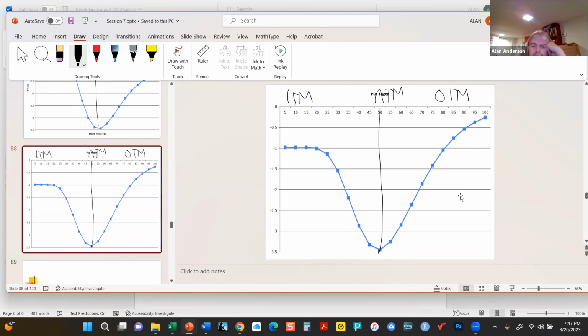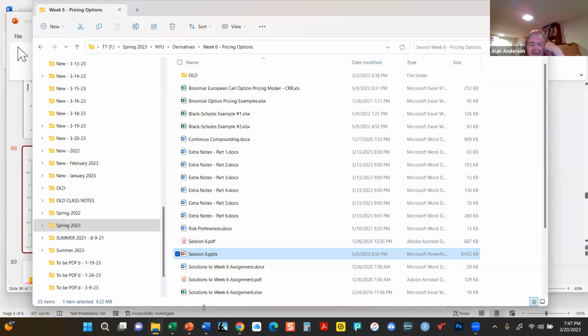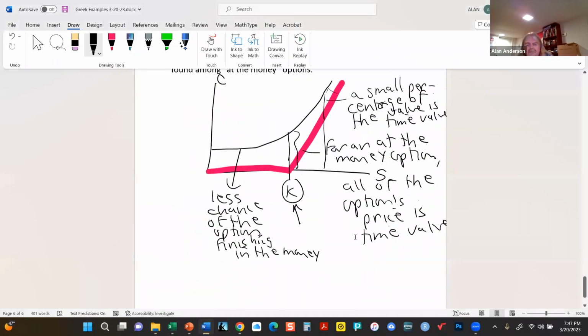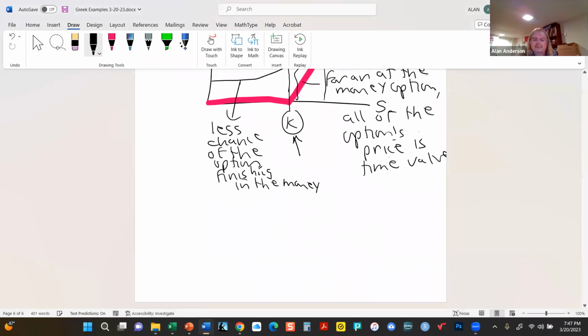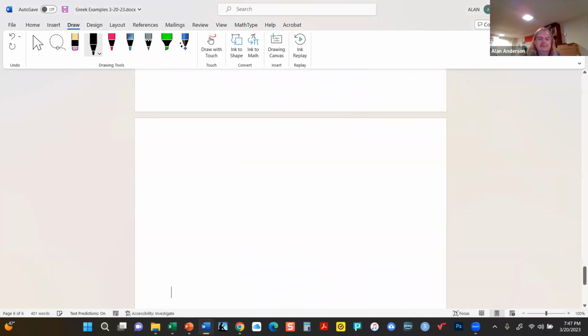Now, you could actually show how this changes over time. Let me just quickly sketch what that would look like for you. Actually, let's do gamma here. Or actually, let's do delta.